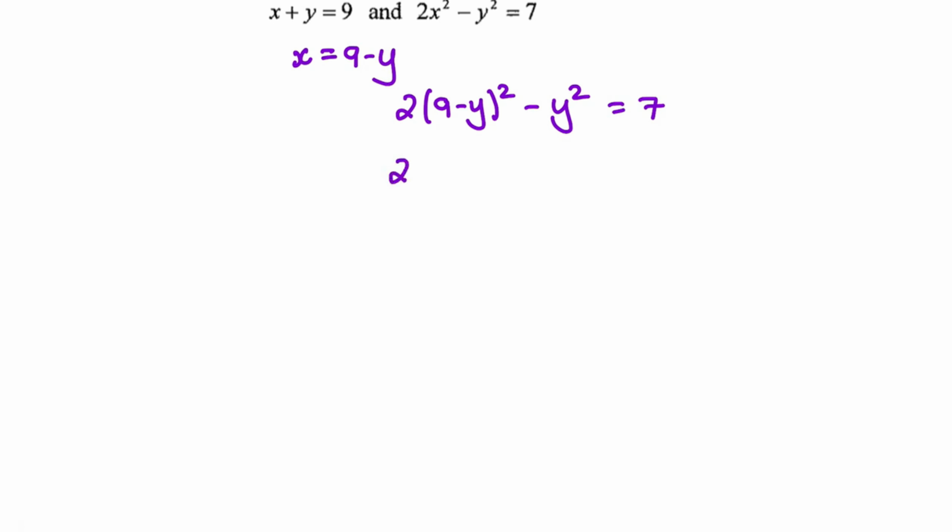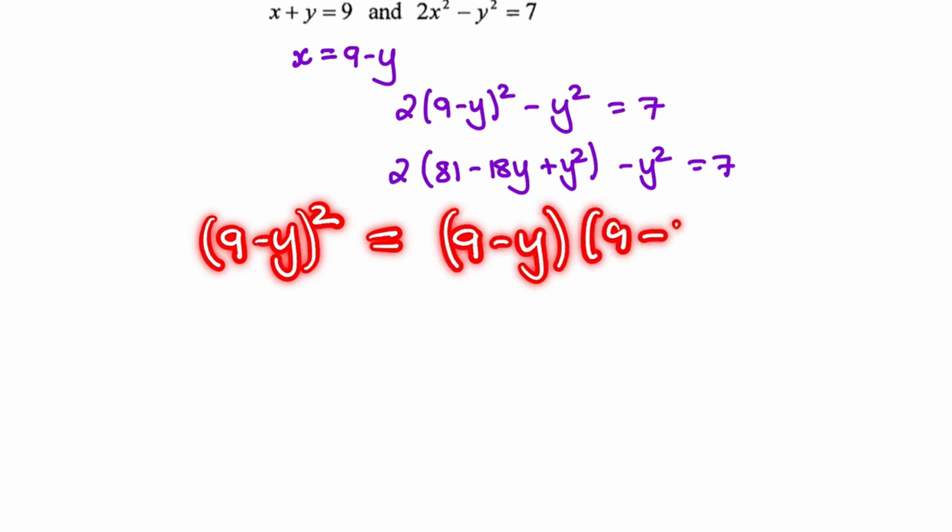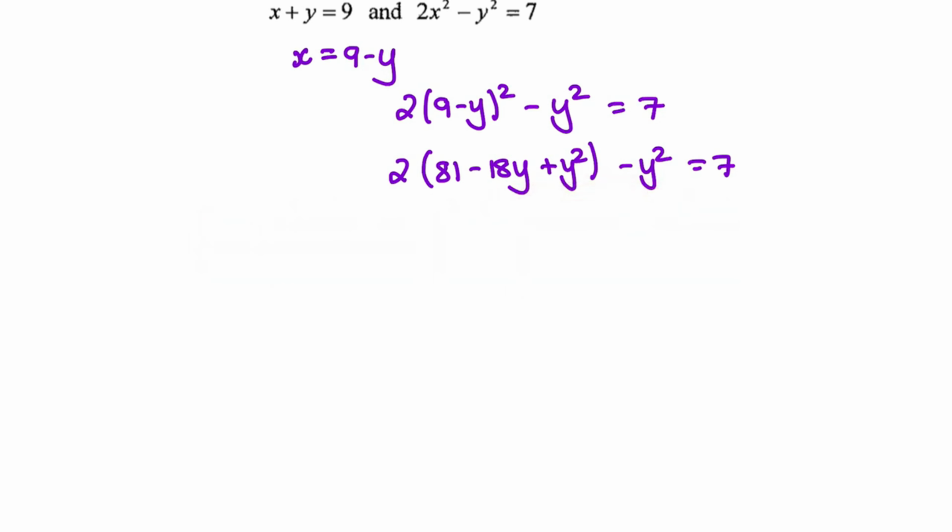Let's expand the bracket. So I'll have 2 times (81 minus 18y plus y squared) minus y squared is equal to 7. So remember, (9 minus y) squared expands to (9 minus y) times (9 minus y), and then you need to FOIL properly.